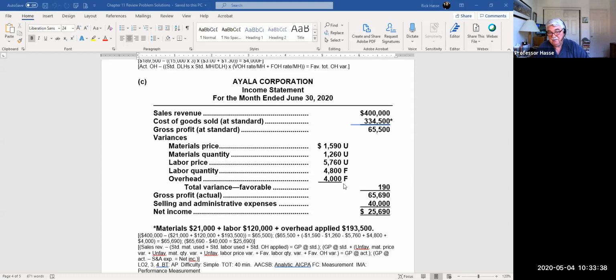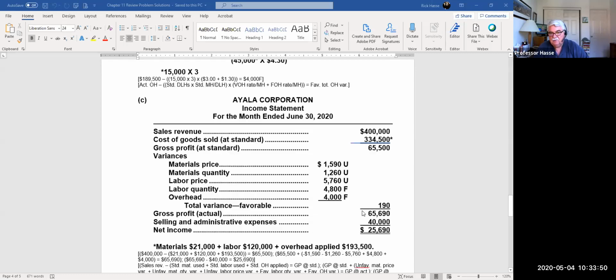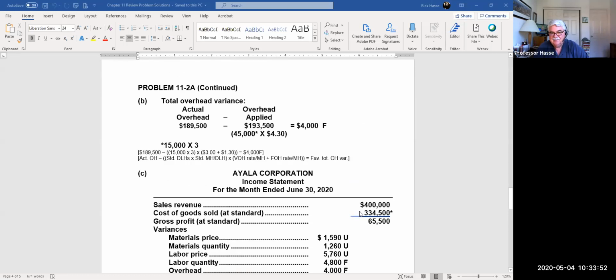More specifically, overhead saved us. And that's how it looks at our net income. Notice there's no variance analysis in selling and administrative expenses. So this is a good problem to review or use as a template for your quiz work coming up on Wednesday and for the examination work coming up in a couple weeks.